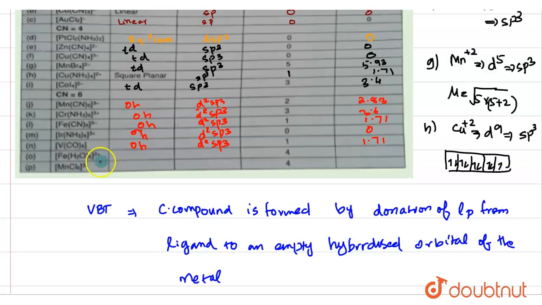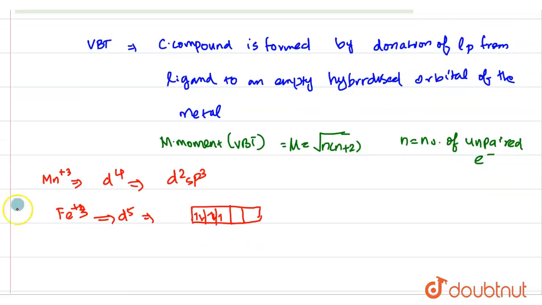Next one is Fe 2+, a d6 system, and it has 4 unpaired electrons. So let's draw the structure. Fe 2+, d6 system with 4 unpaired electrons.